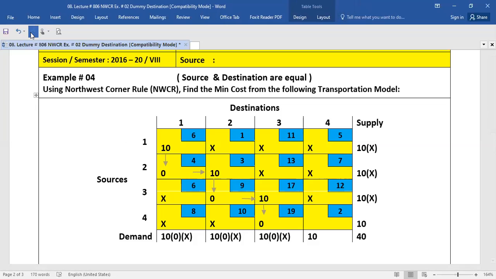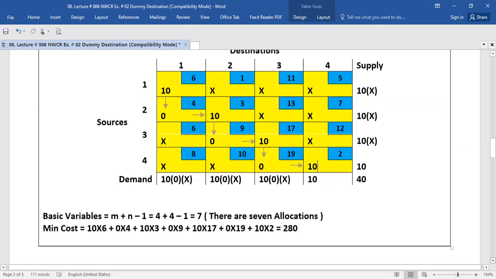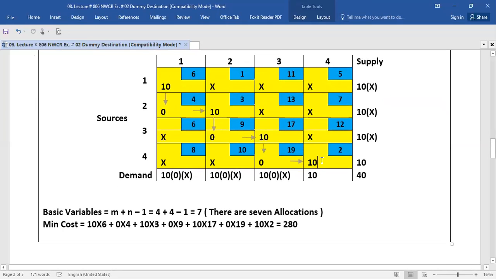For further allocation, you will move to your right and the only cell is blank. Here the supply is 10 and demand is also 10. So you will put 10 here and look how many allocations you made. 1, 2, 3, 4, 5, 6, 7. You made 7 allocations.